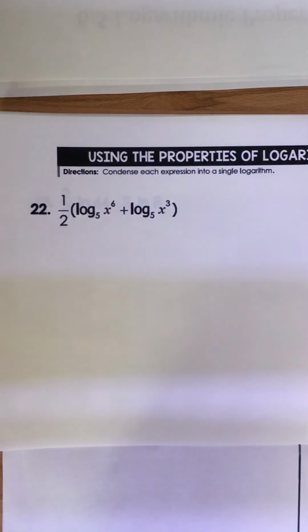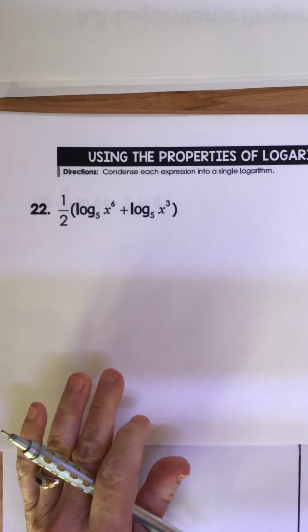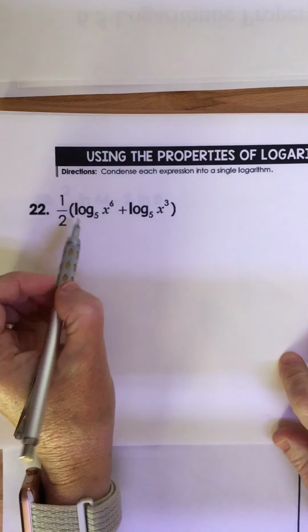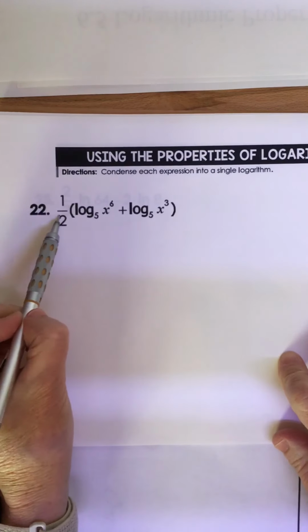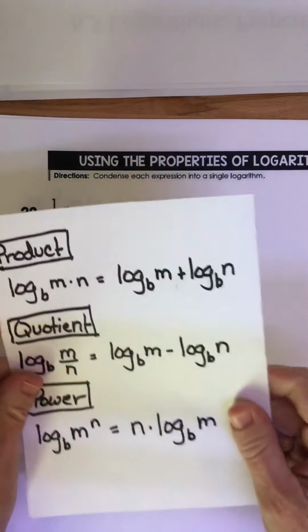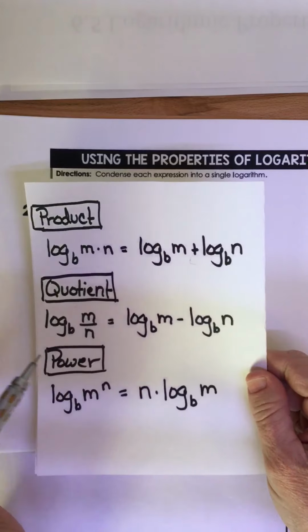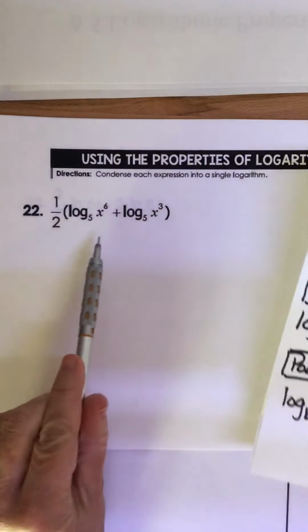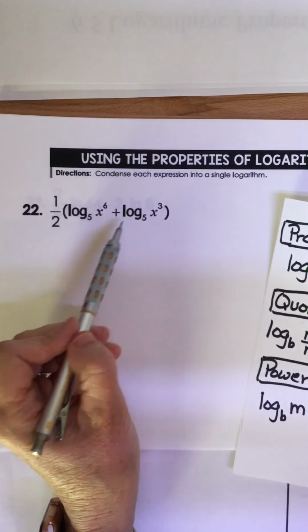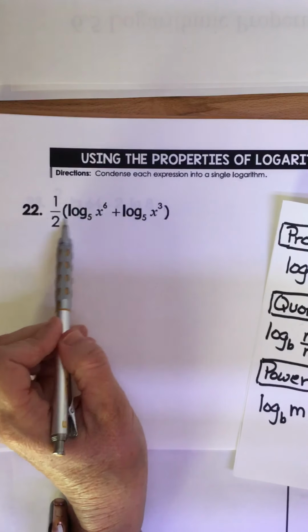Okay. All right. On this one, now we have the power property here, and yes, it is tempting to go ahead and use the power property first, but in reality, whatever is in the parentheses, we've got to work out first.